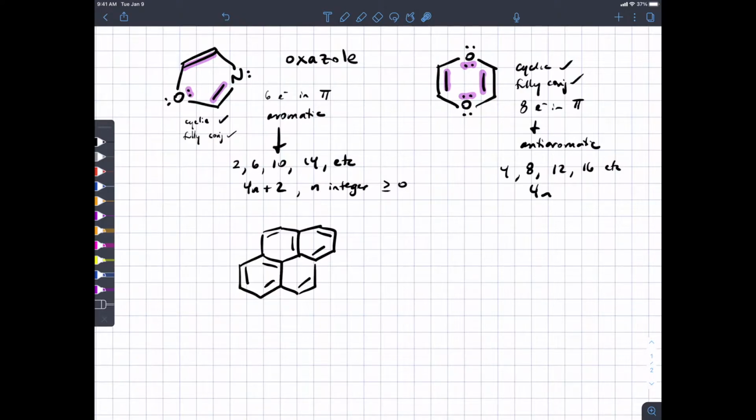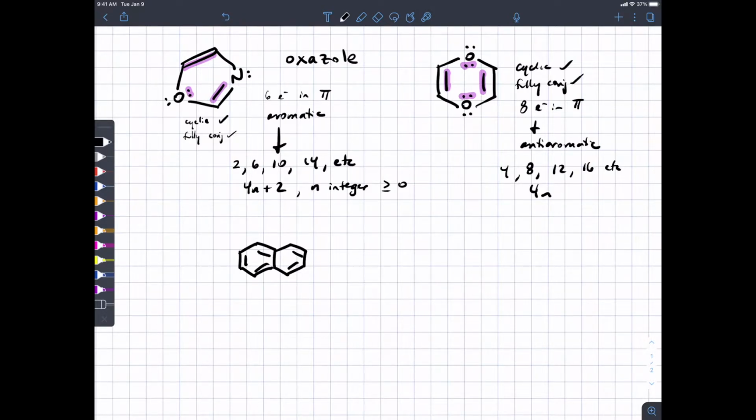Huh? Did I miss something? Did I miss a pi bond? Okay, let's just not do that example since on the fly I'm struggling. Let's do naphthalene, which is just 2 benzene rings attached to each other. 2, 4, 6, 8, 10, that's aromatic.